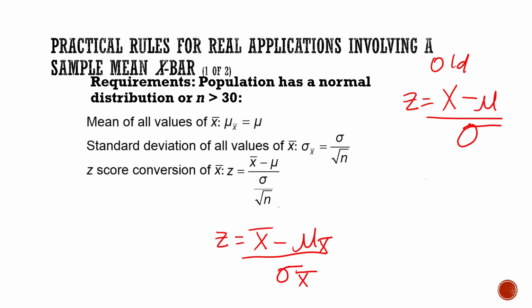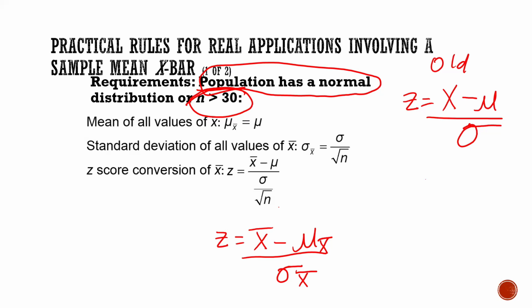So notice the requirements: either we know that the original population has a normal distribution, or n is more than 30. When we increase n, we take our initial distribution and kind of normalize it. We make it more normal as n gets bigger and bigger. So regardless of your initial distribution, if n is bigger than 30, it is normal enough to treat it as if it's normal.